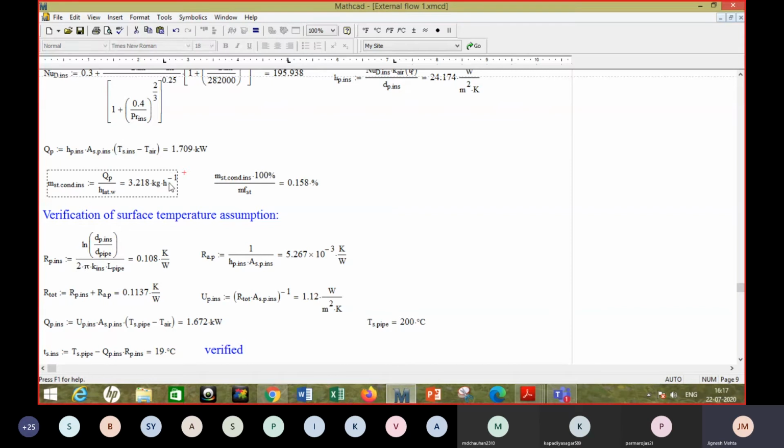And with the same flow rate, the condensation rate is just 3.2 kg, almost 1/10 of what you got previously. And this percentage is 0.158.